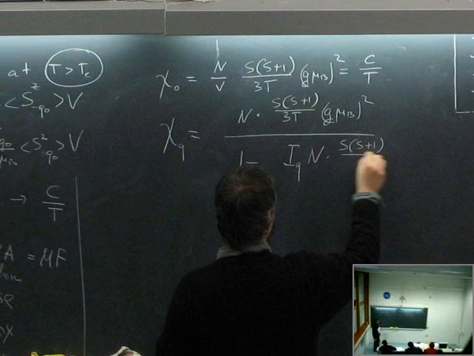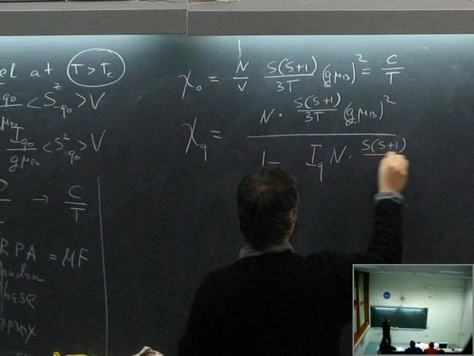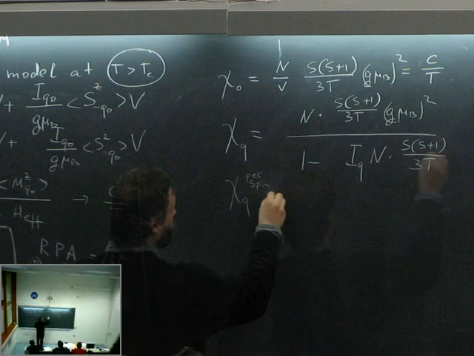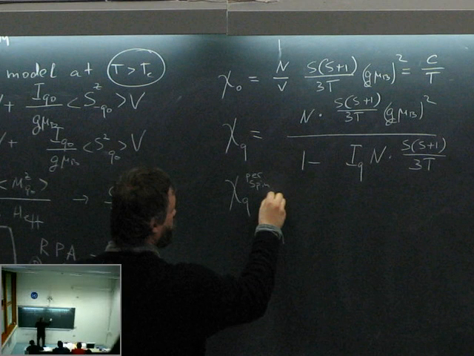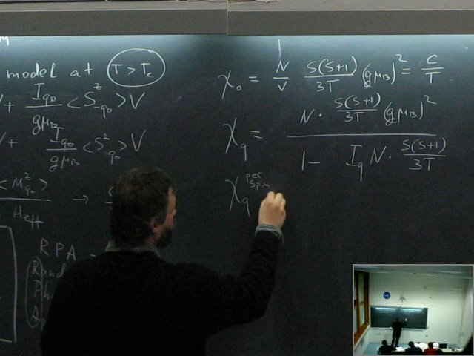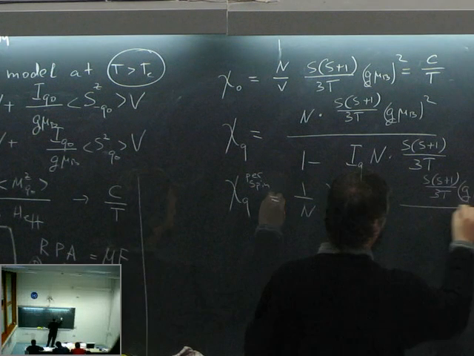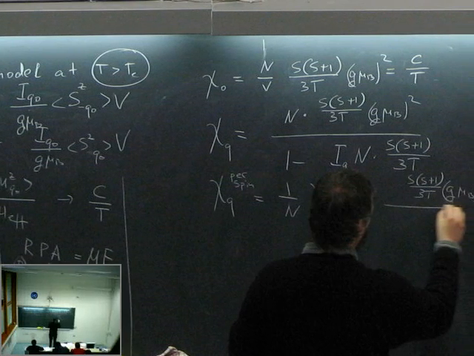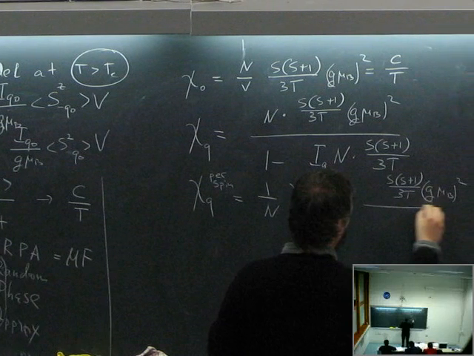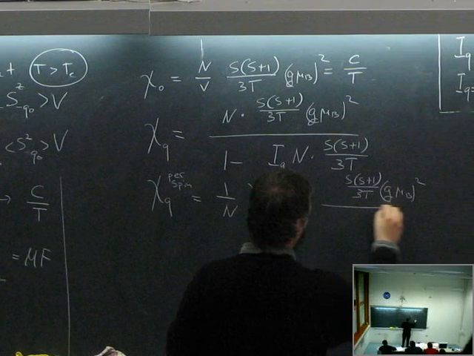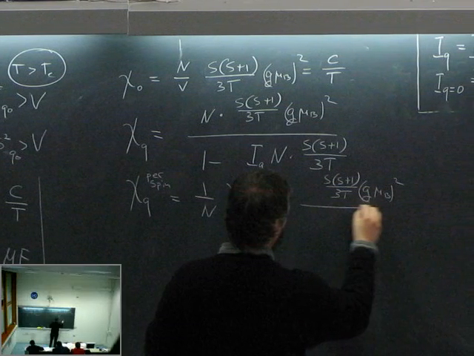So then, sometimes in the literature, the susceptibility per spin is discussed. Per spin. So this is 1 over n chi q, and this is, according to this formula, S(S+1) over 3T (g mu Bohr) squared, over 1 minus I q times S(S+1) over 3T.